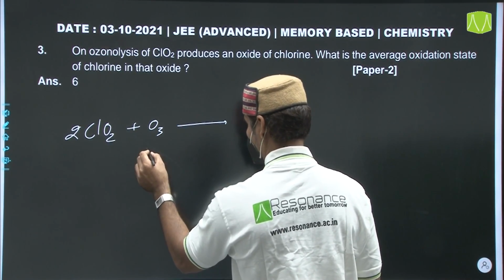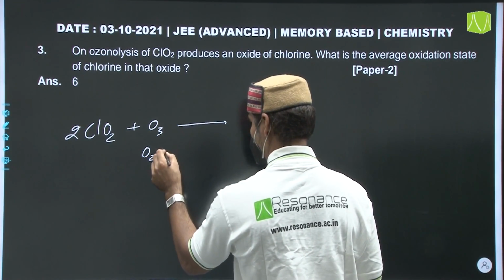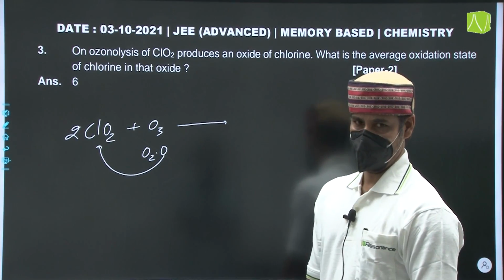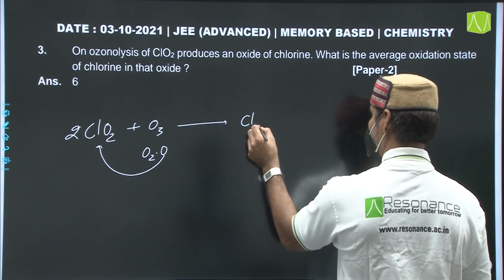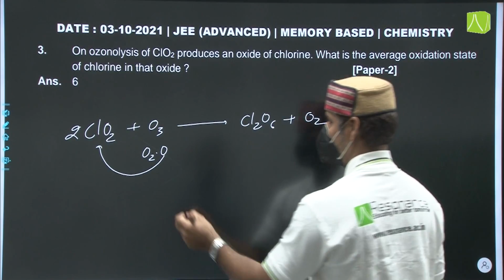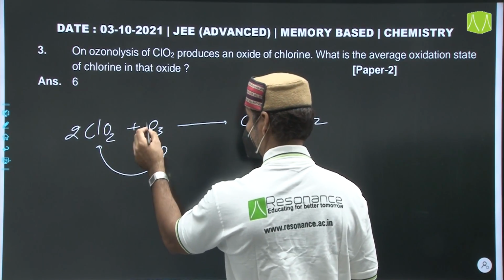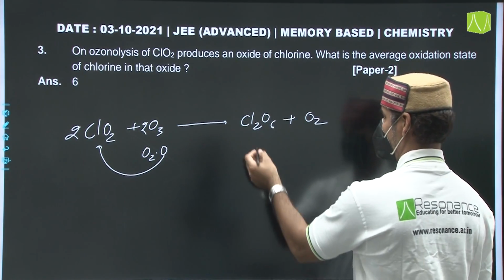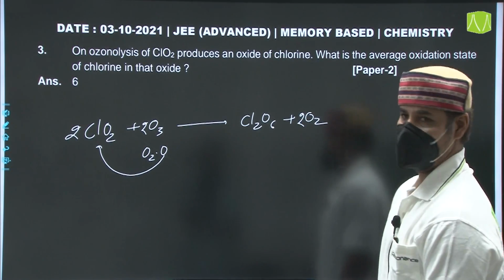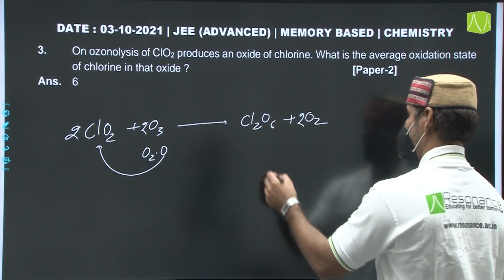I can write ozone like O2.O. This oxygen will ozonize the ClO2 and will form Cl2O6 along with O2. So we can write Cl2O6 and 2 moles of O2.